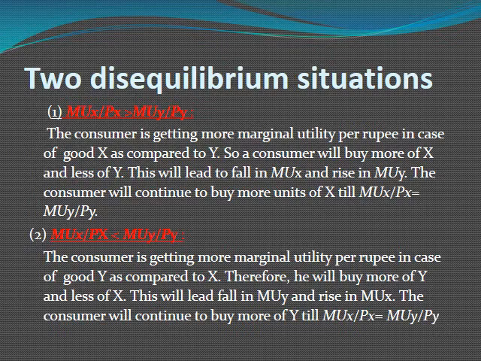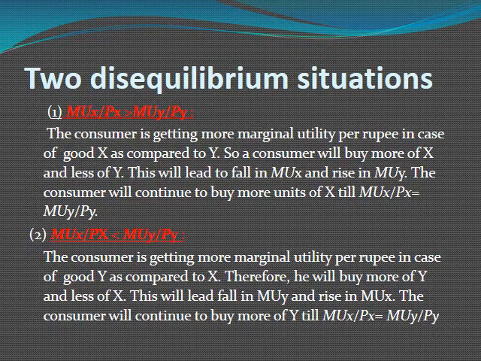A consumer will consume more units of commodity X, so the ratio of marginal utility of X and the price of commodity declines. Why it will decline? Because of law of diminishing marginal utility. As a consumer consumes more and more units of a commodity, the utility derived from every additional unit declines.